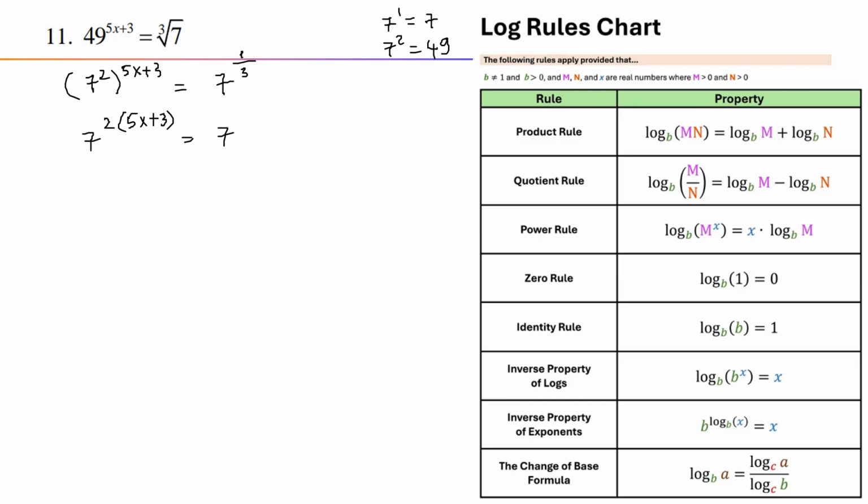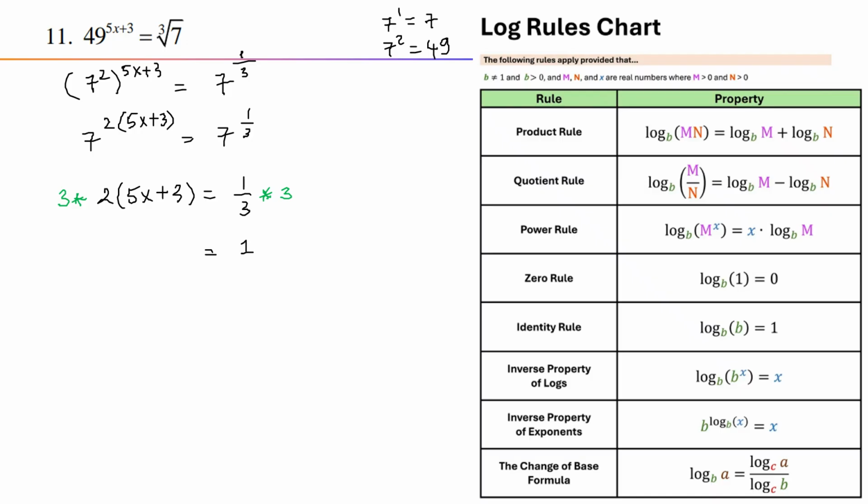That equals 7 to the power of 1/3. Now we have the same base 7. Just set the exponents equal to each other. Remember, if we see fractions, you can just multiply both sides by 3 so that you can avoid working with fractions.